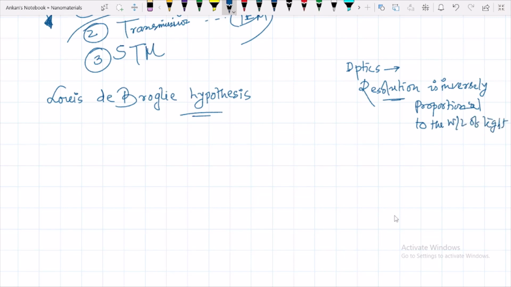And from the de Broglie hypothesis, lambda is equal to h by p, which is equal to h over root of 2m into kinetic energy Ek.